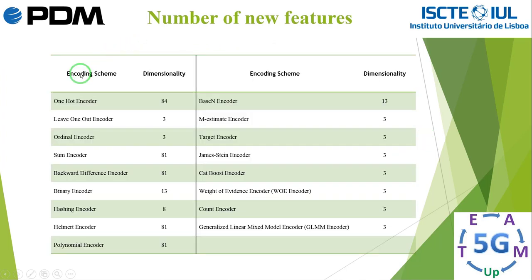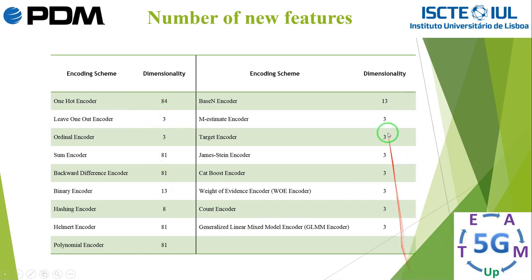And here we compare the other encoders. We explained that One Hot Encoder creates 84 new numerical features for those 3 categorical features. And you can see, for example, if we use the leave one out encoder, we have only 3 new numerical features.